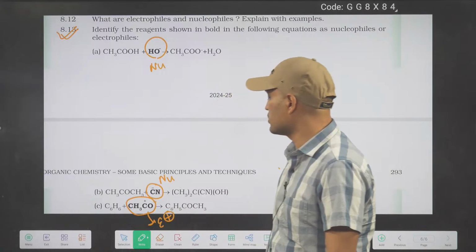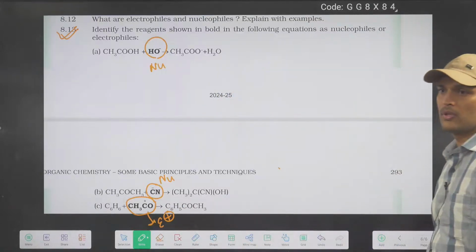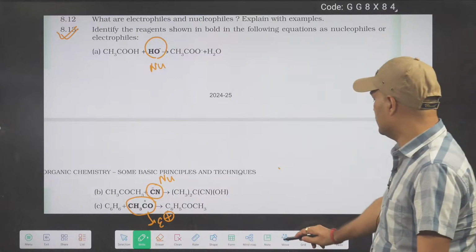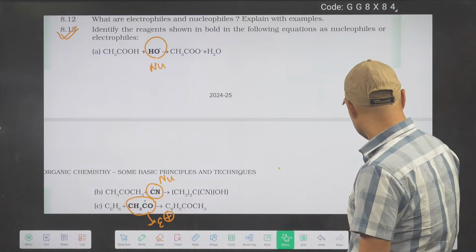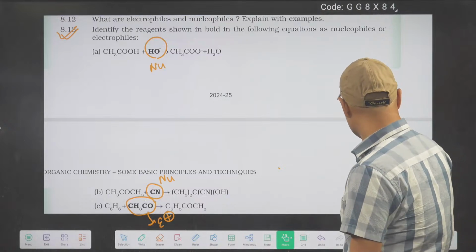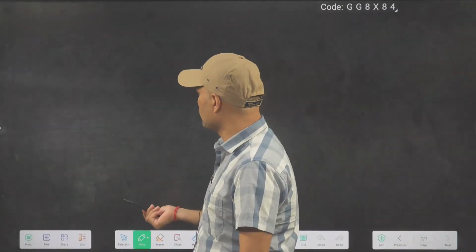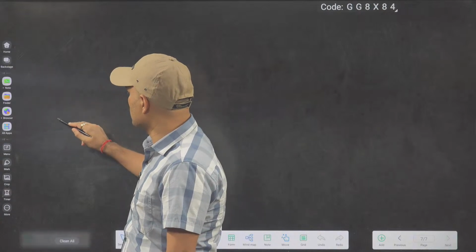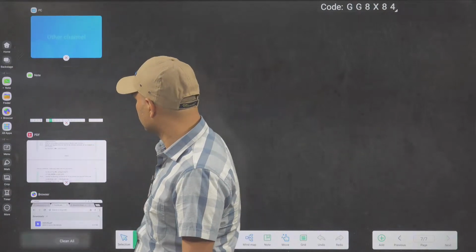So see, 3 questions of NCERT done or not? So you have studied electrophile, nucleophile, and you quickly did some questions from NCERT.